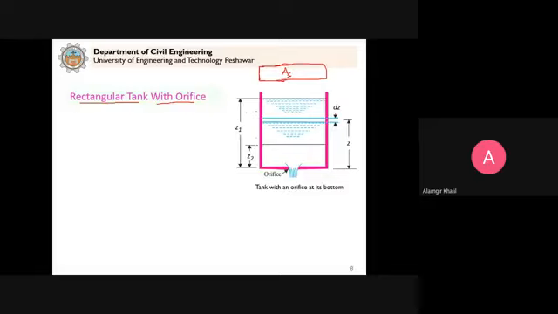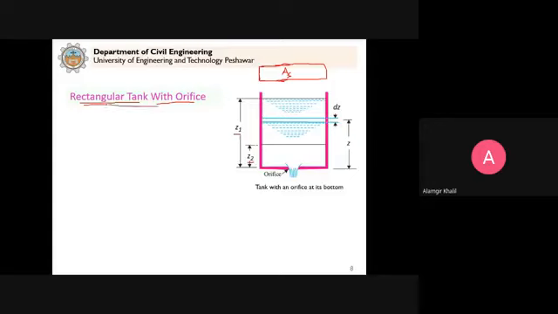Now you are interested in how much time it takes for the water level to drop from Z1 to Z2. Or let's say this can be an example of a swimming pool. We are interested in how much time the water level will take to drop from one level to another, or even if you want to completely empty the swimming pool, how much time it will take. This we can calculate.